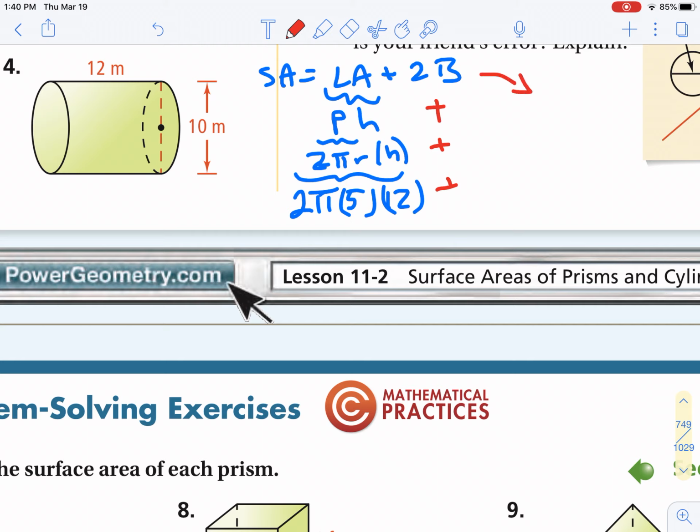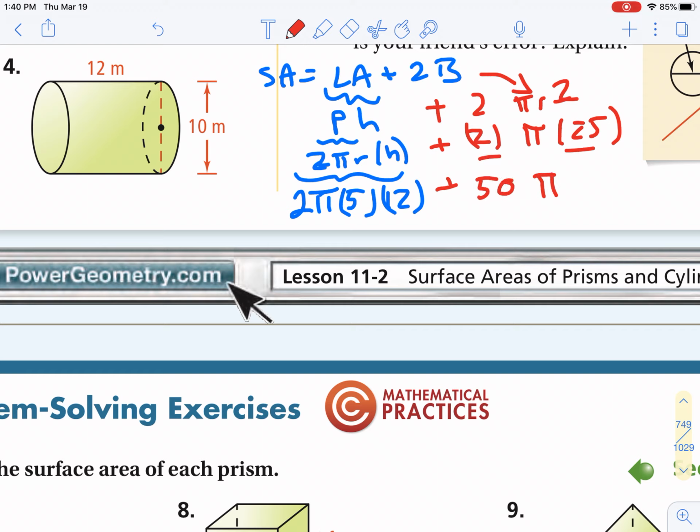Remember, base is pi r squared. I can just keep that 2 out here, by the way. What's our radius squared? So we have pi. What's the radius squared? 25.